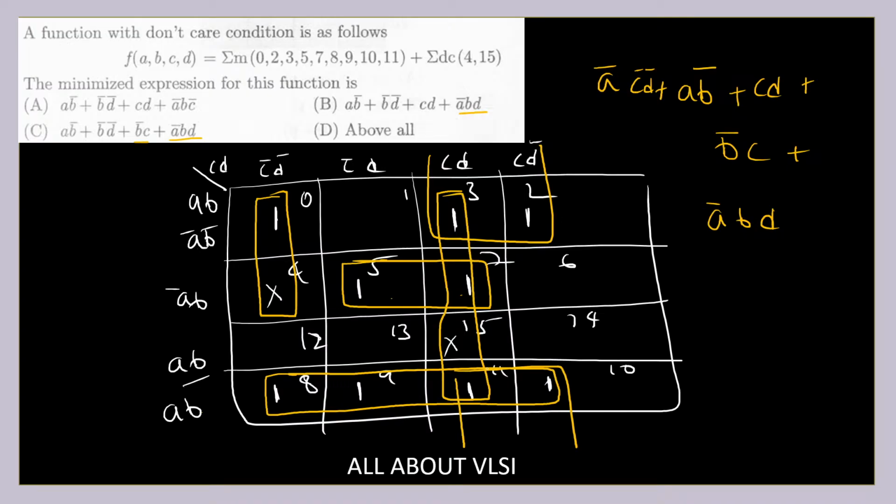B bar is common, sorry, B bar C. B bar C is there, and A bar B D is there, and A B bar is there, and B bar D bar is there. Okay, B bar D bar I haven't done.